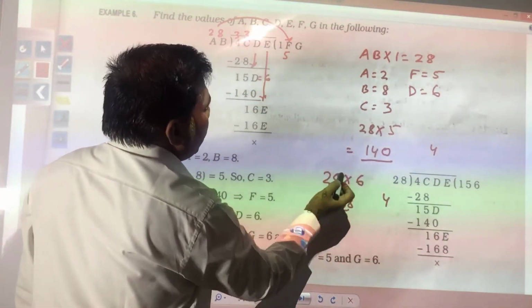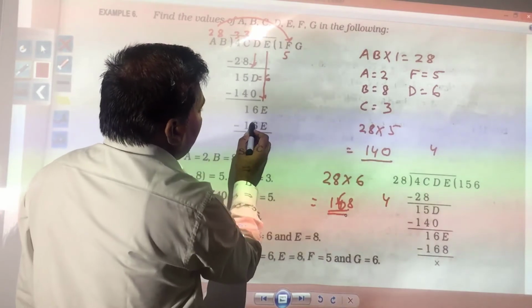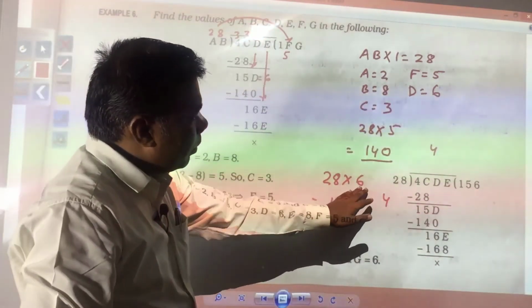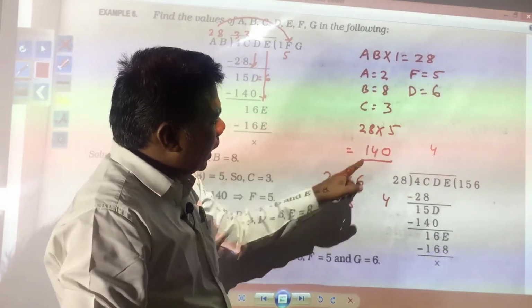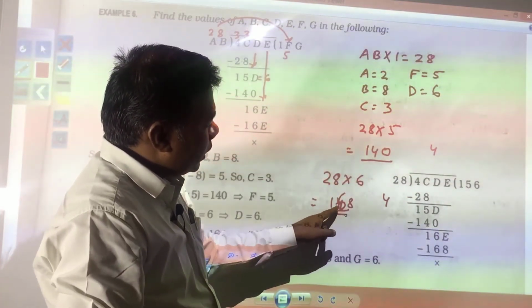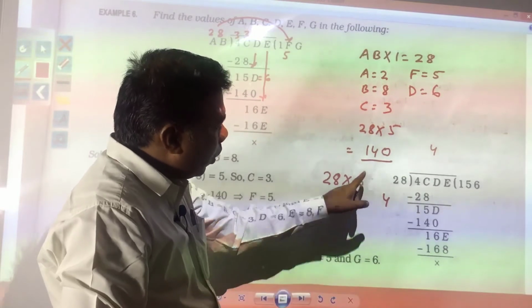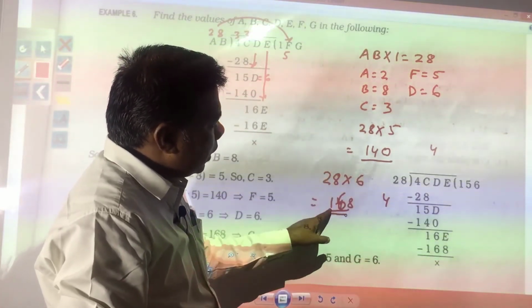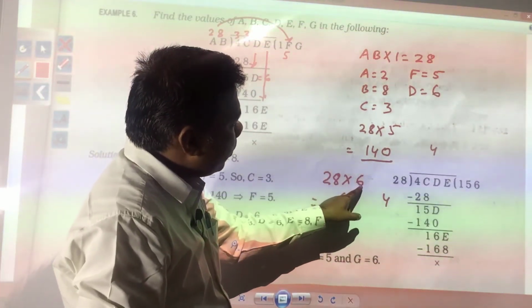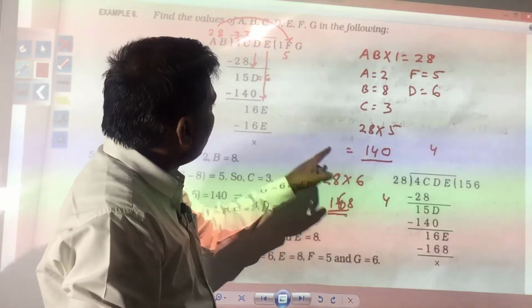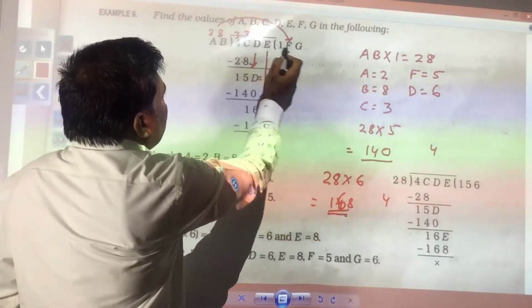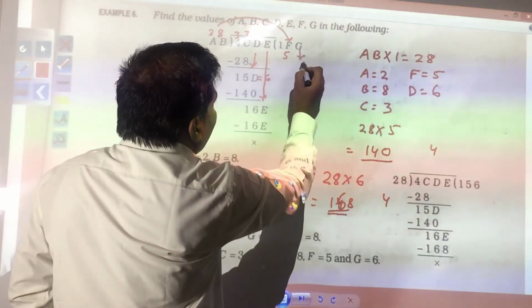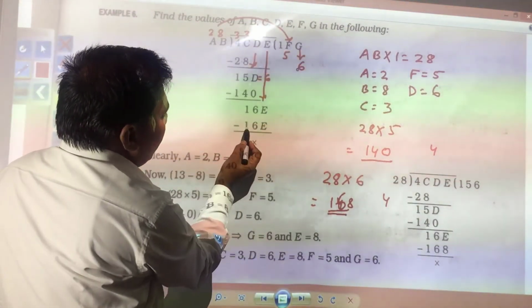So, here G would be equal to 6, because if you are multiplying 7 times, 1 6 will not come. Even 5 times, if you are multiplying these 2 digits, 1 6 will not come, only if you are multiplying by 6. So, definitely you need to multiply by 6. It means in place of G, if you would be having 6, then only you will get 1 6 over here.